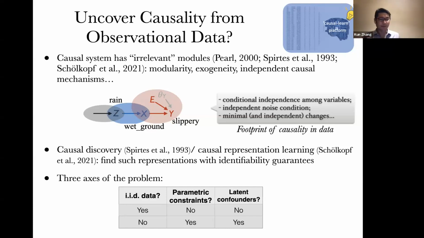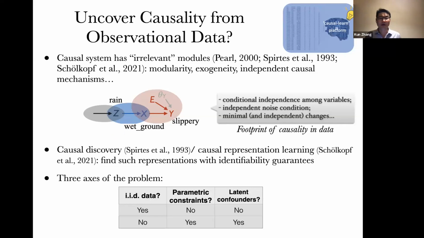What does it mean? Suppose you go to different conditions, and one or multiple modules can change. If you have an alternative representation to explain the distribution of the data across multiple environments, you can show that the alternative ones will not have fewer modules that change. Usually they have more. That means the causal system has fewer modules that are subject to changes.